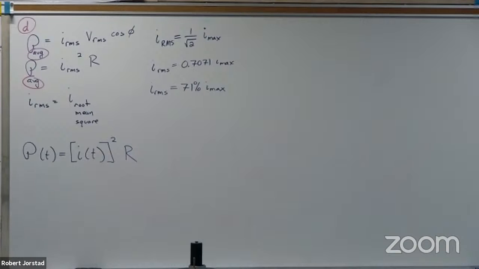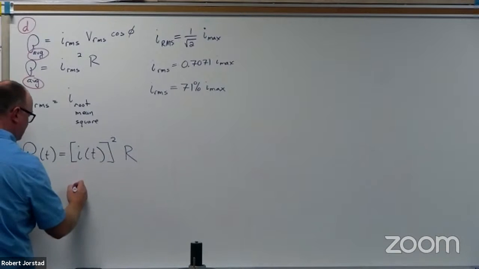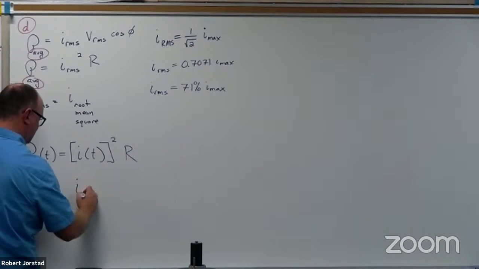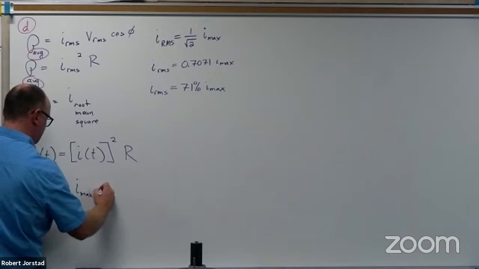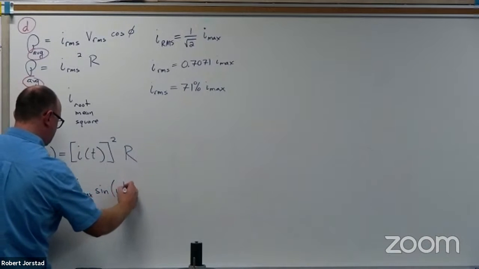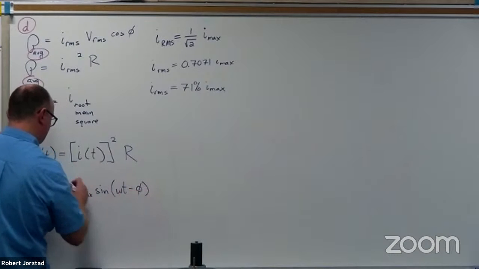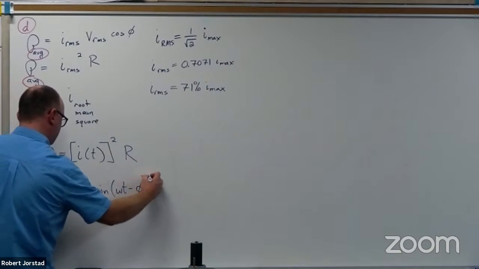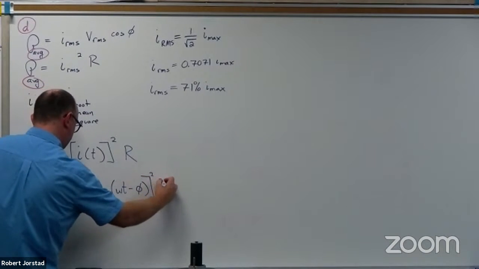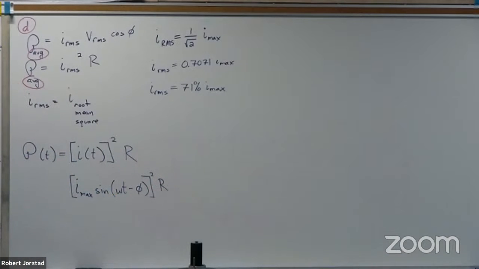So in this case, I as a function of time is I max sine of omega t minus the phase angle. And so obviously, if the current is fluctuating up and down, the brightness of the light bulb was fluctuating up and down. It may have been happening so quickly we couldn't see it, but yes, it was doing that.